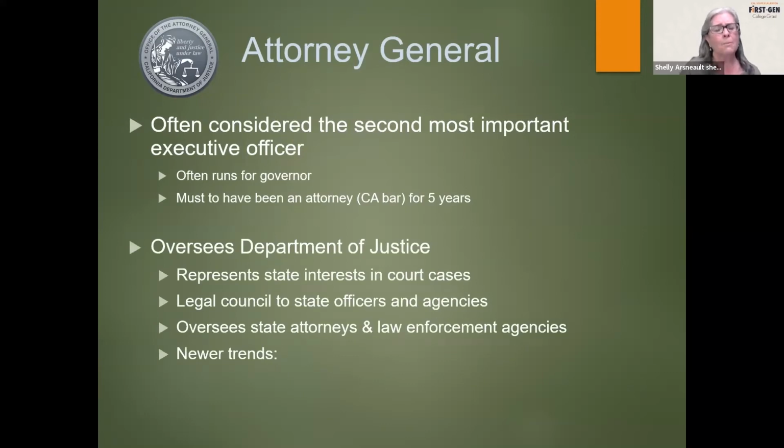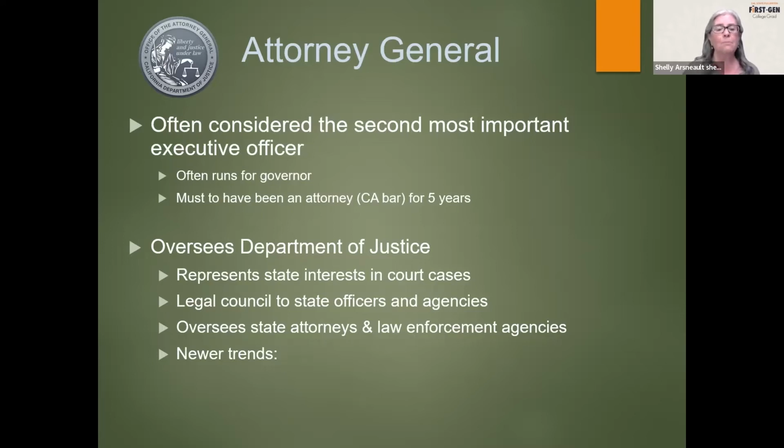So the Attorney General does a number of things, overseeing the Department of Justice, of course. And so if the state is sued, the Attorney General and his or her office represents the state interest in court cases, serves as legal counsel to state officers and to state agencies as well. Again, as part of the Department of Justice, oversees state attorneys and law enforcement agencies.